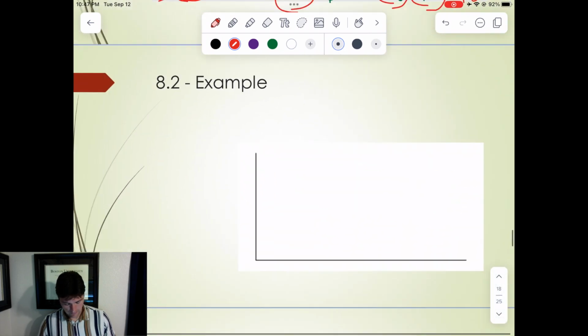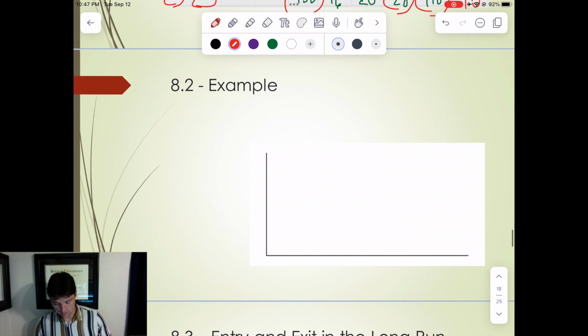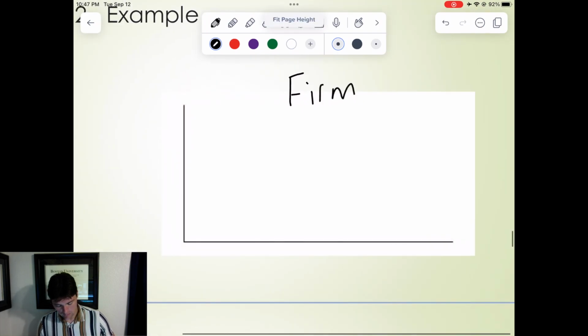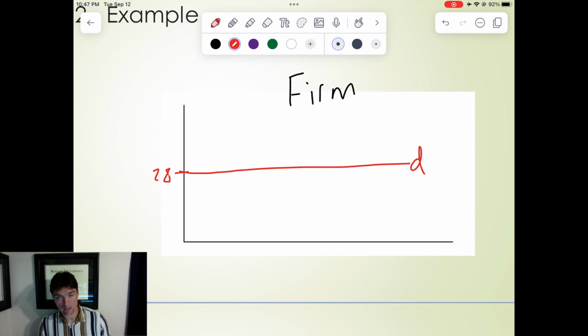Now, what we're going to do here is we are now going to be graphing the situation. So anytime I ask you for the firm graph, you need to do the demand curve, and the demand curve happens at the price, and we saw that to be 28, and it's a straight line for the demand.